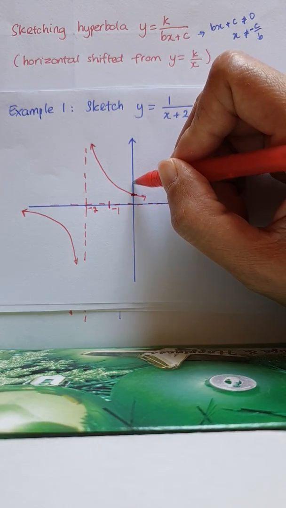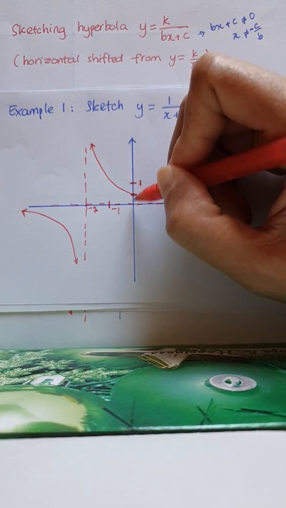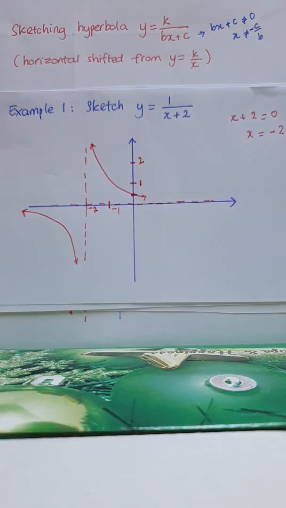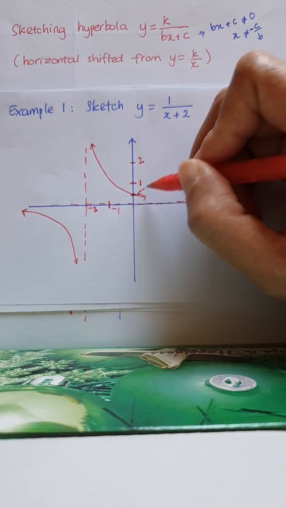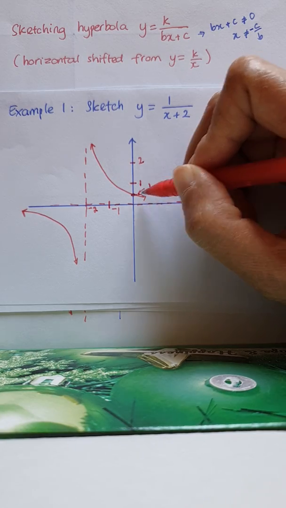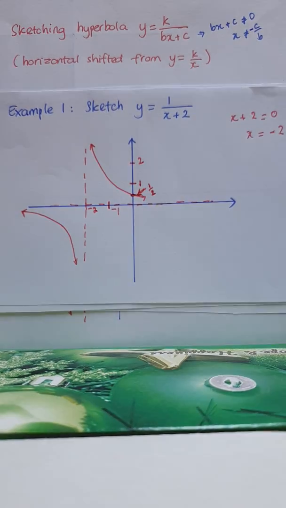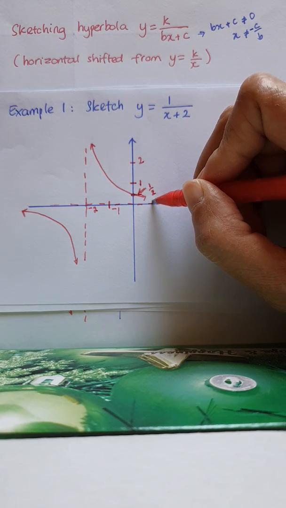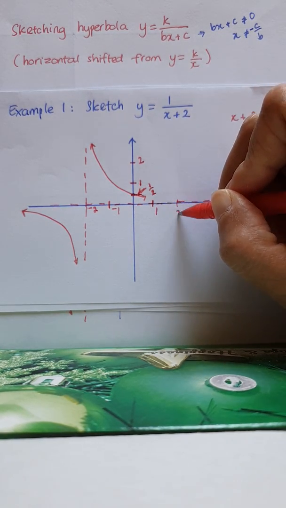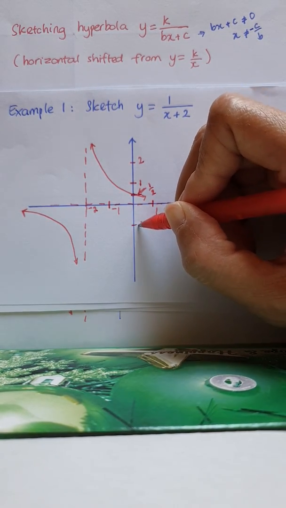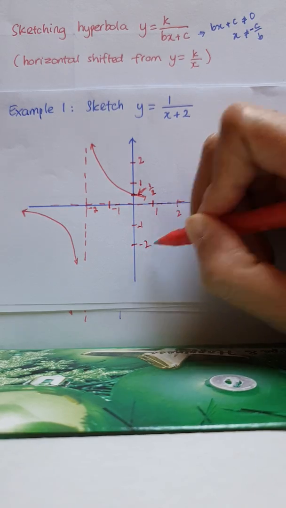If this is a half, this is 1, and this is 2. And we did indicate our scale for the y-axis already. We can just point it out here that this is a half. Okay, now let's complete it by indicating the scale on both sides, and we're done.